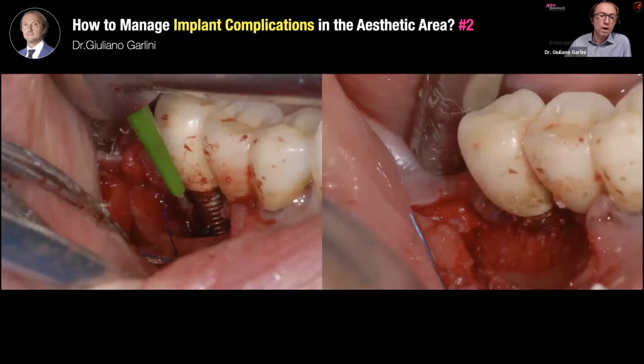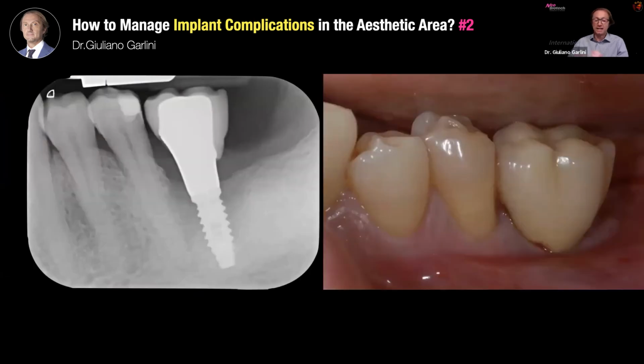So we were obliged to clean all the surface of the implant only with the rotating instrument, both from the buccal and from the lingual part of the implant. And when we are sure that we have cleaned everything well, we can perform the regenerative therapy.